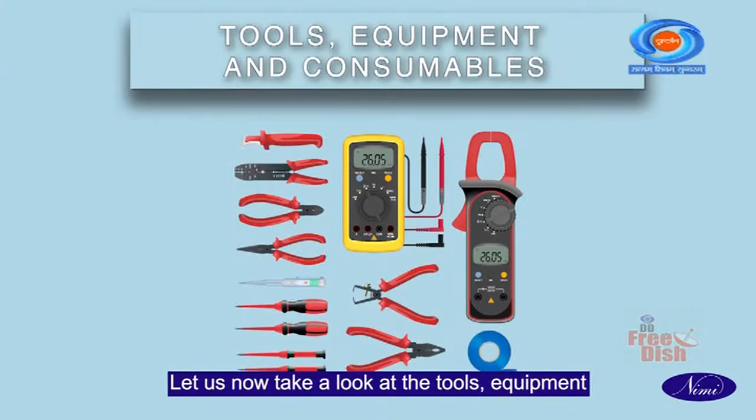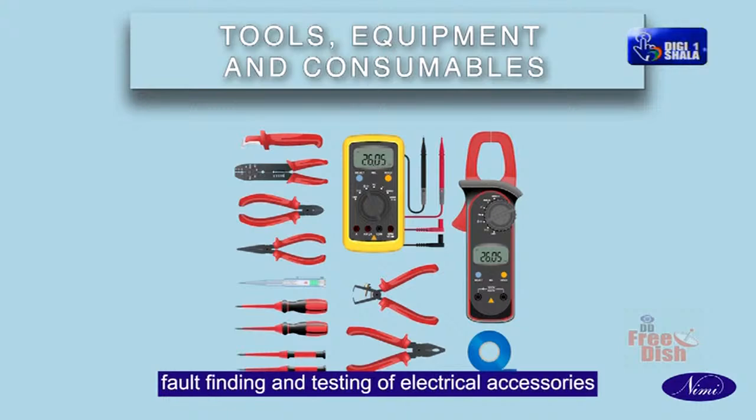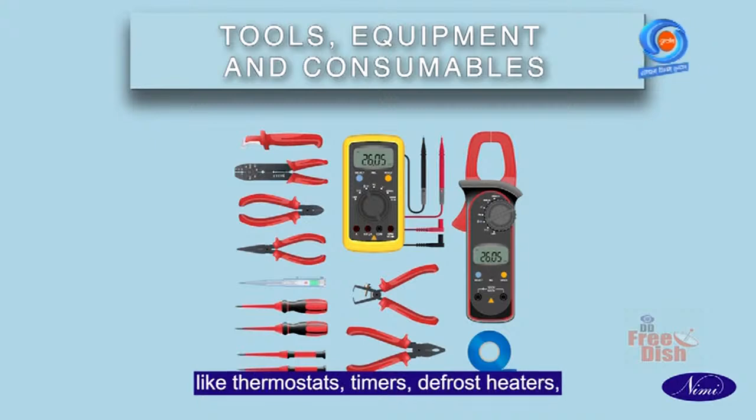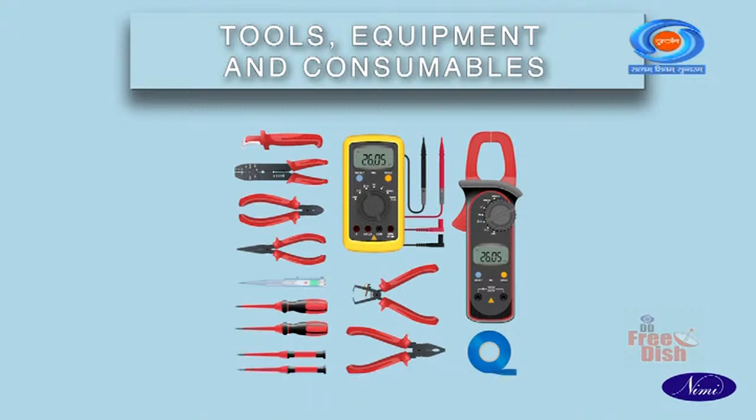Let us now take a look at the tools, equipment, and consumables needed for checking, fault finding, and testing of electrical accessories like thermostats, timers, defrost heaters, bimetal air louvers, and other system components.